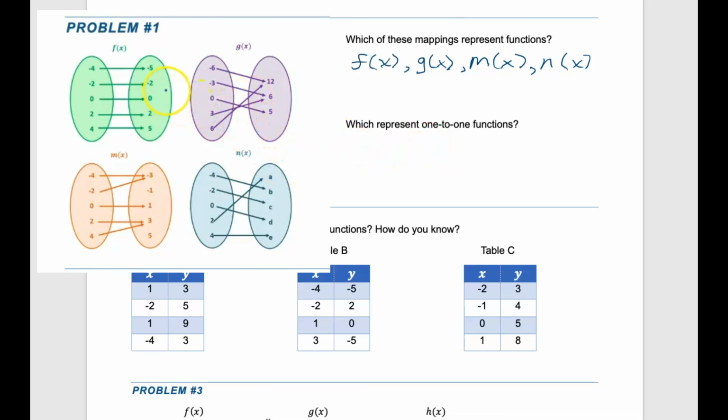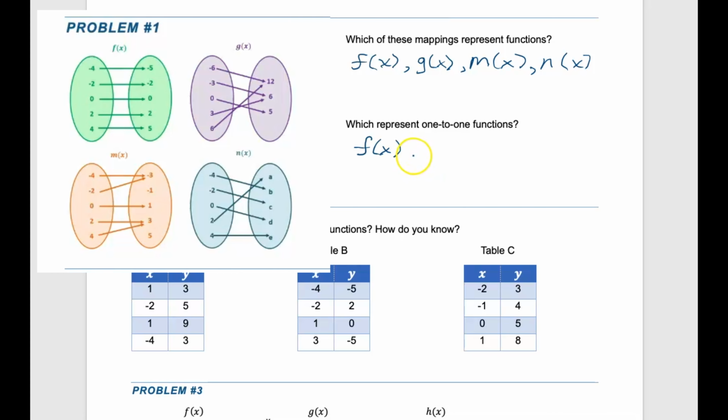So now we just need to look and see, are any of the y values repeated? On f of x, each input has exactly one output, and each output has exactly one input. So that one is one-to-one. However, on g of x, like we said before, that 6 is being repeated.